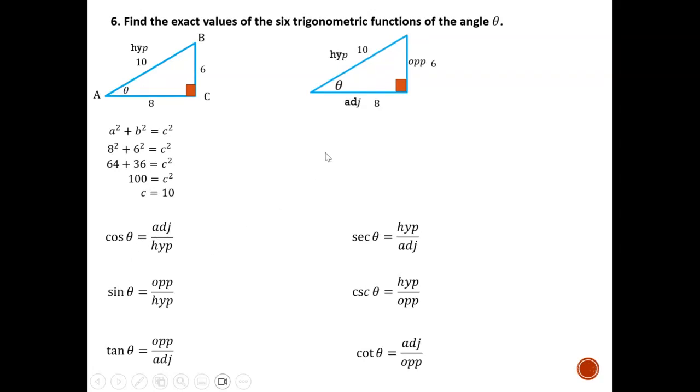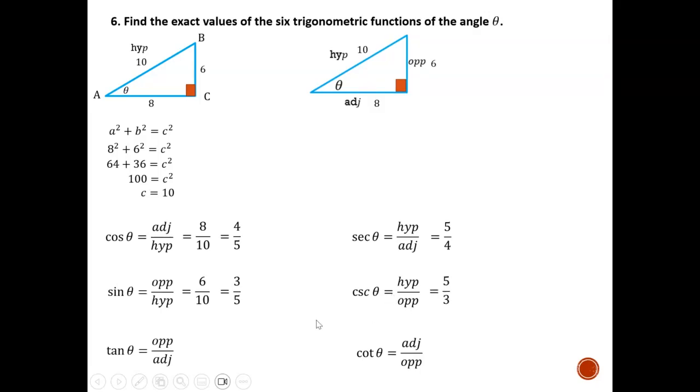So for the cosine, it's going to be adjacent, which would be 8 over 10. Then you simplify, which would be 4/5. Once we found the cosine, we also find the secant because all we do is use the reciprocal, 5/4. The sine is opposite over hypotenuse, 6/10, which will give us 3/5. Since we found the sine, we also find the cosecant because it's a reciprocal.